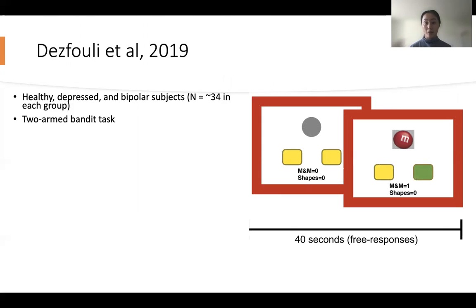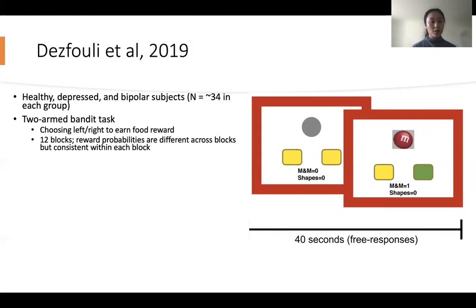If they picked the correct one, they were shown an image of, say, an M&M, and if they picked the wrong one, they got nothing. There are 12 blocks, and reward probabilities differ across blocks but are consistent within each block.